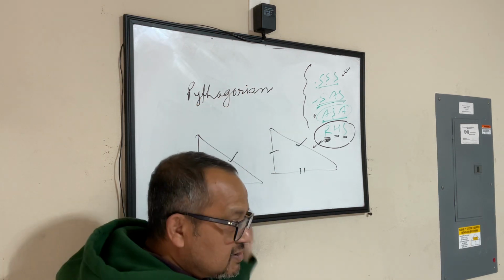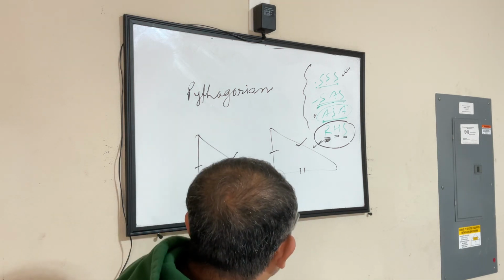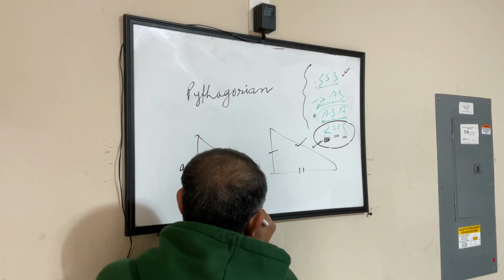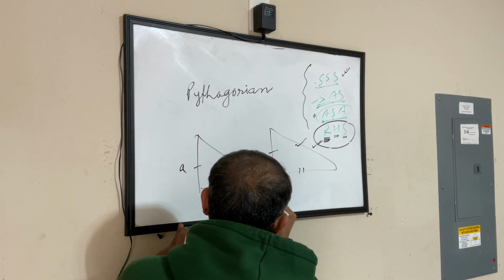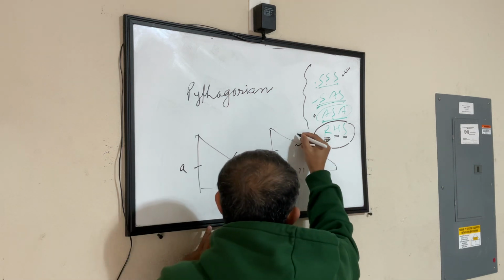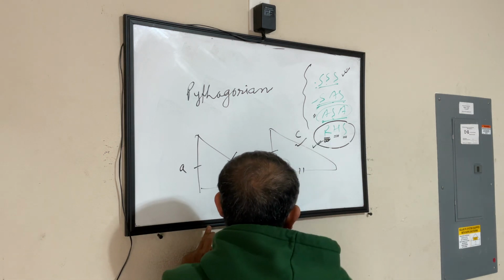Excuse me if my spelling is not correct. The Pythagorean theorem says that if this is A, this is B, and this is C, then A square plus B square equals C square. Here, let's say the hypotenuse is matching, so C is the same.